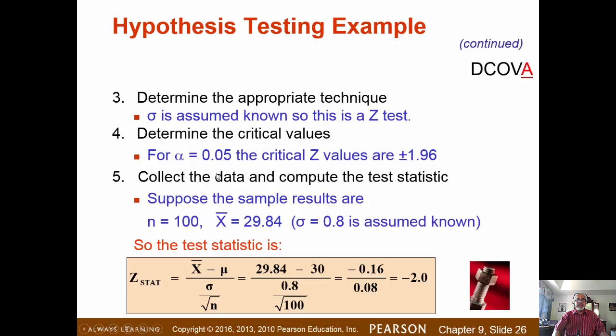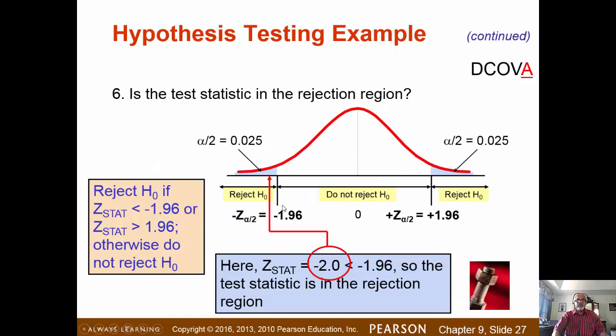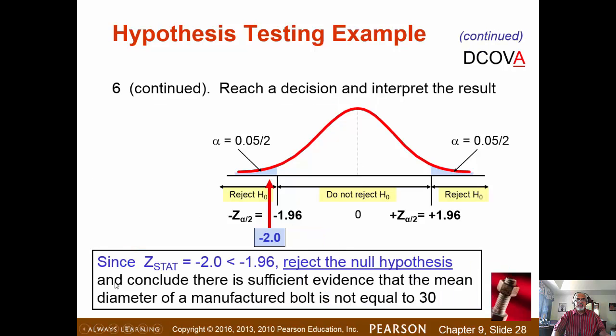So your critical value for z is plus or minus 1.96. So your z stat falls outside the critical value, then you reject the null hypothesis because the z score is far enough from the central value. Then you can say that we have sufficient evidence to conclude that the mean is not 30. Okay, and the probability that we are making a mistake is no greater than 5%.